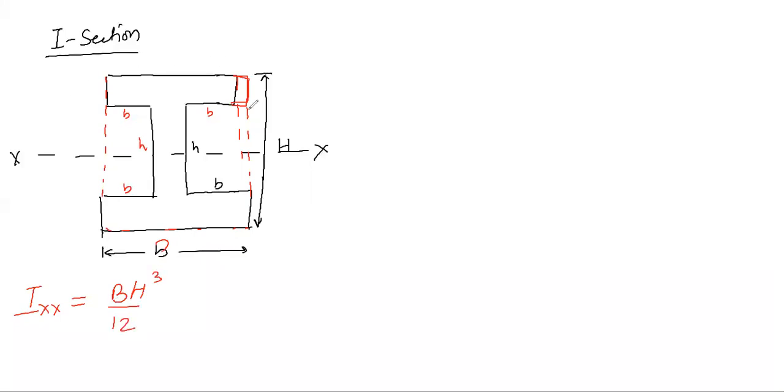This is the complete structure or rectangle. Minus, you need to eliminate these parts. Each one is considered as a rectangle. So bh cube is one thing, and both are equal, so that is defined as 2 bh cube by 12. So this is the case of the moment of inertia of the I section.